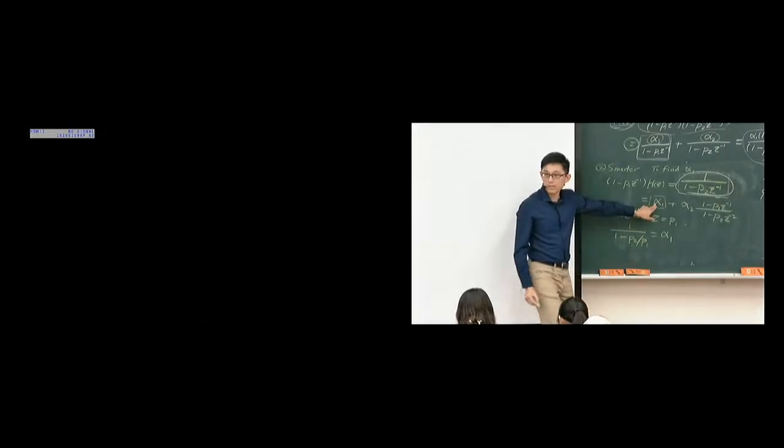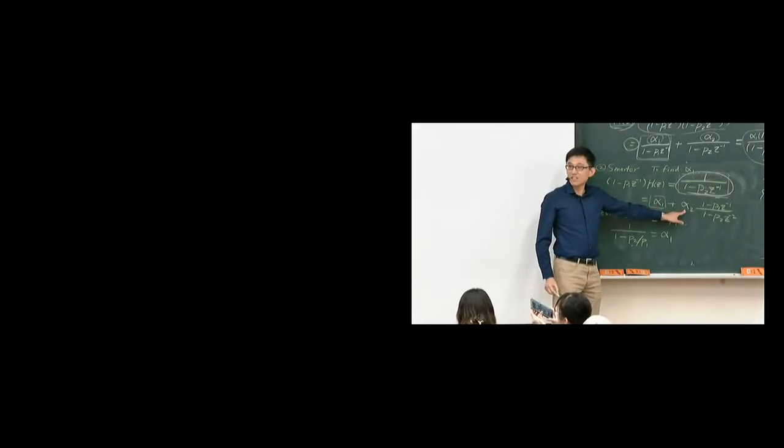And what is on the other side of the equality? On the other side, we have alpha 1, right? That's that. But how about this term? Do we notice that this term now vanishes? Because we are evaluating the expression at z equals p1, we get a 0 for that.